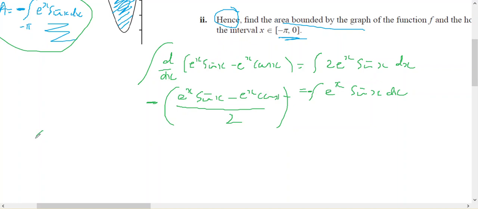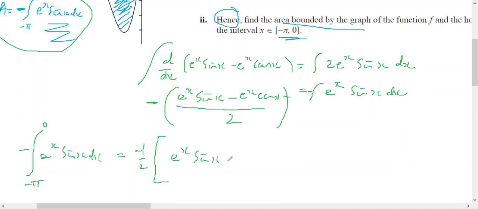So I'm ready. Negative integral of e to the x sine of x dx from minus pi to 0 is equal to, I'm going to bring the negative a half out the front and have e to the x sine of x minus e to the x cos of x from minus pi to 0.